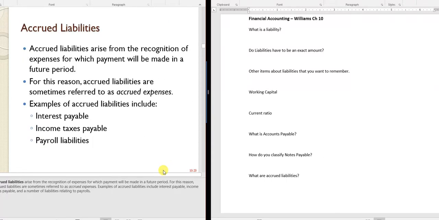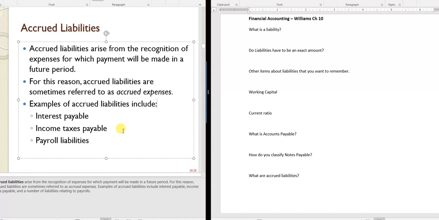Accrued liabilities, sometimes referred to as accrued expenses. This is an important term to be used in business, and it's asked on a lot of exams and referred to in papers and things you read, and it's assumed everyone knows that accrued expenses are those expenses that as of year end you still owe, you just haven't paid yet, mainly because of timing differences.